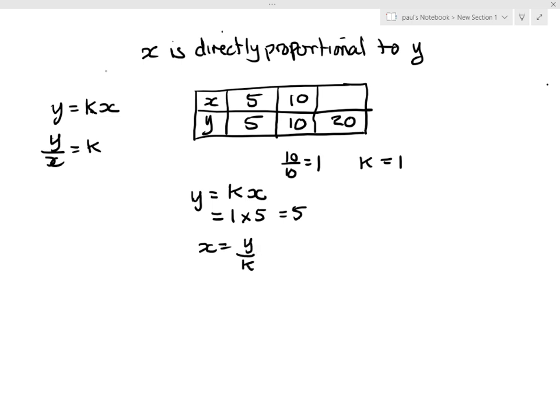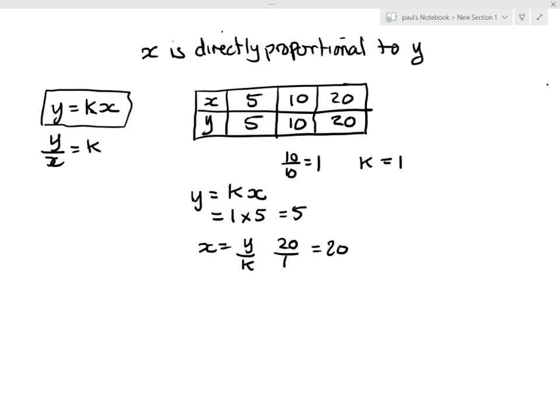Now y is 20, k is 1, so that equals 20. And you can see it all works out the same. So you've got to use this direct proportion formula and a lot of moving around, juggling around. Y equals something, x equals something, k equals something. So that's how to do a direct proportion.